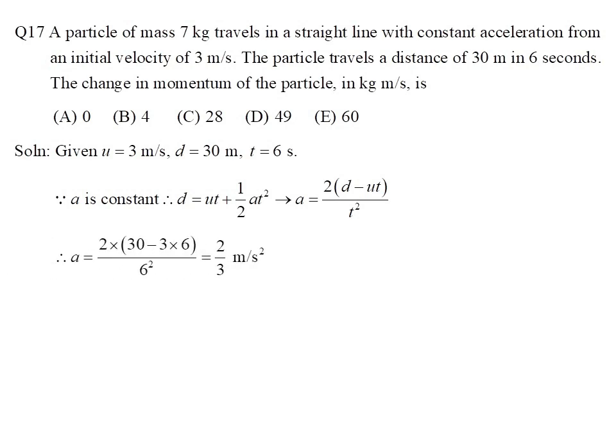So the acceleration a equals 2 times (30 minus 3 times 6) over 6 squared, which equals 2 over 3 meters per second squared.